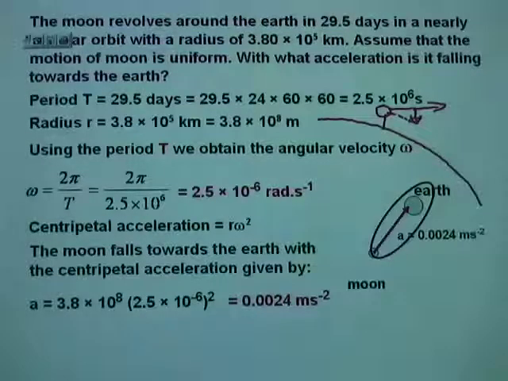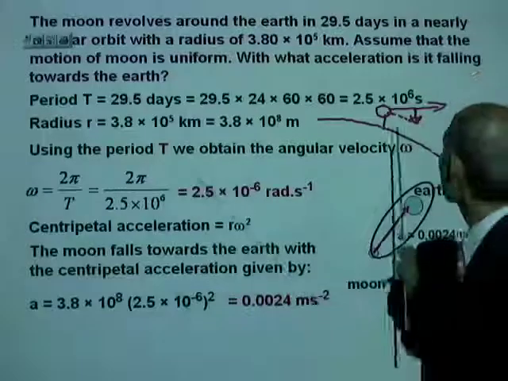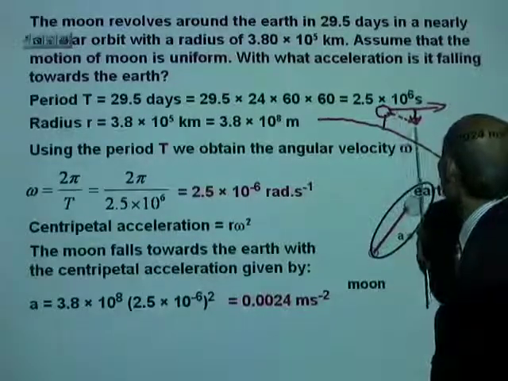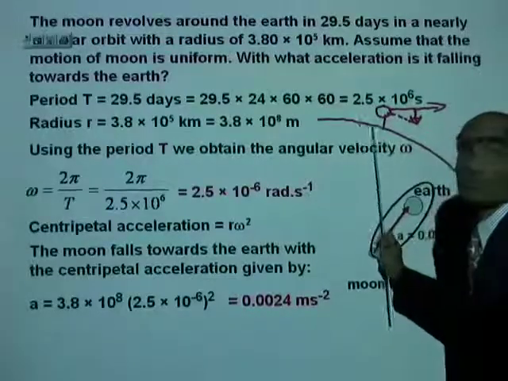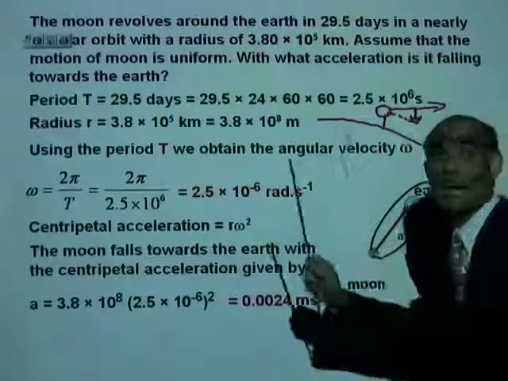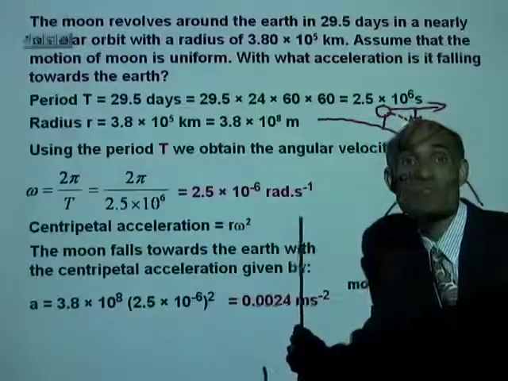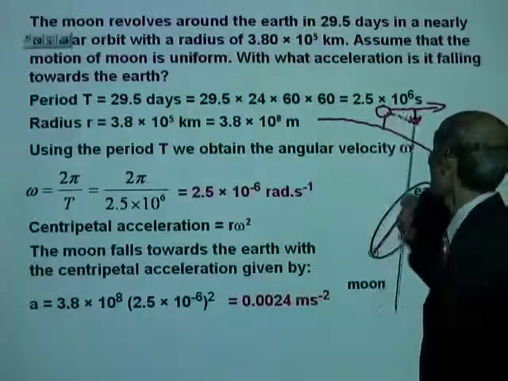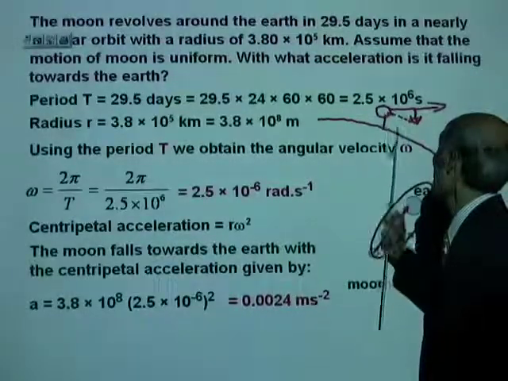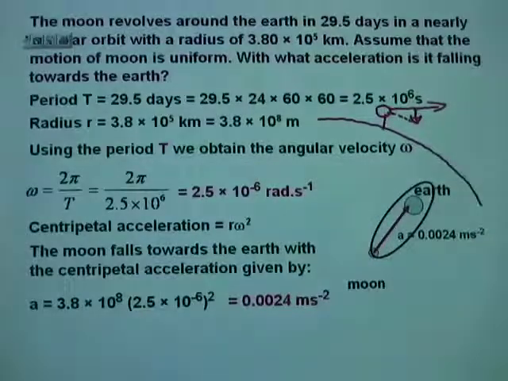The amount of fall during this time is this: the moon has actually fallen that much. But during that time, the surface of the earth also has fallen by the same distance, because the earth is spherical. That means the amount of fall of the moon and the amount of fall of the earth are the same. If you look at that position, this is the fall of the earth.